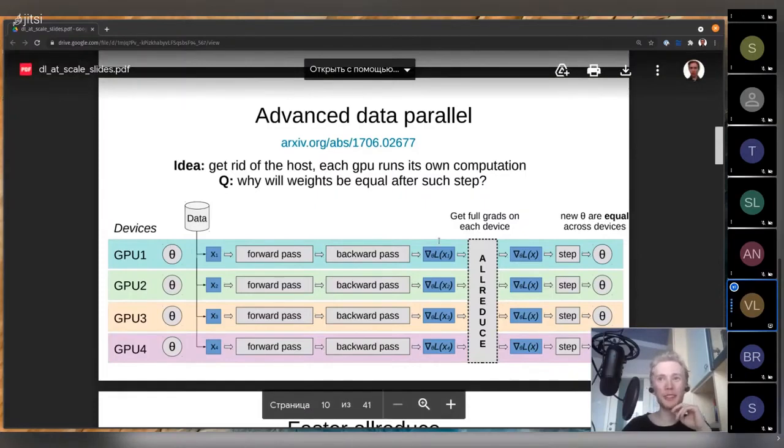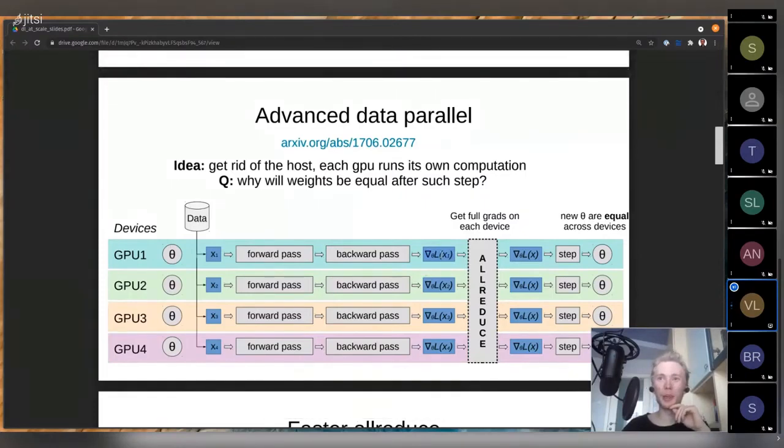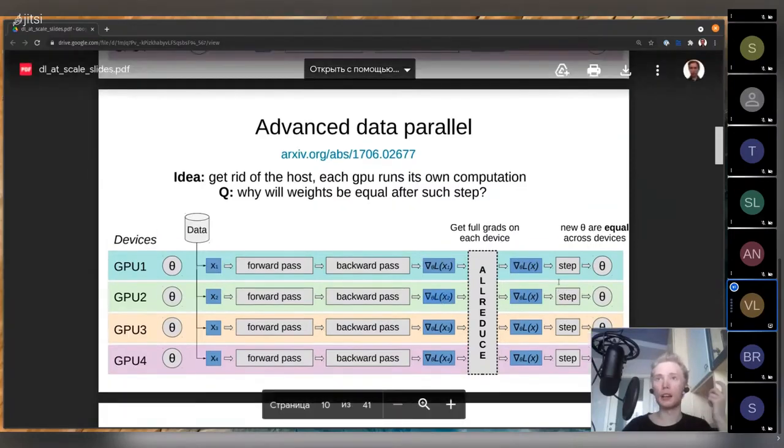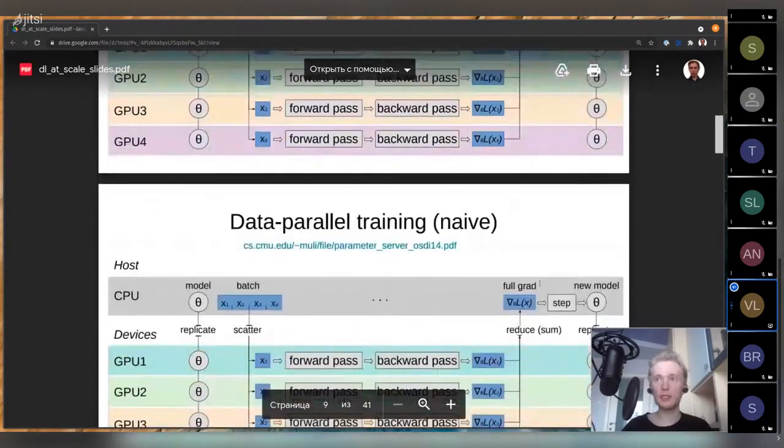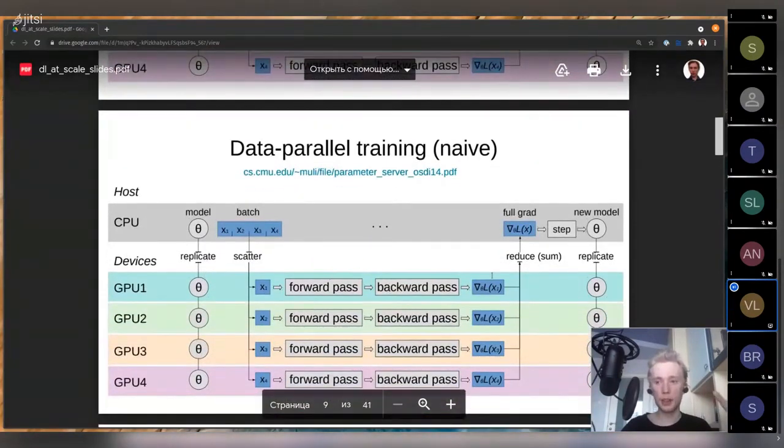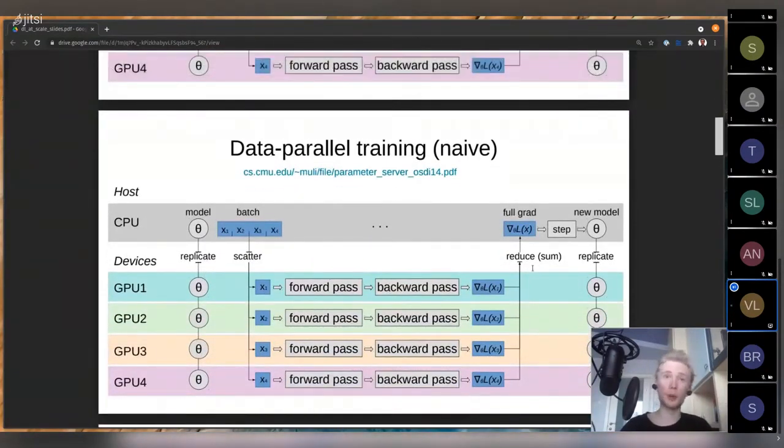On every GPU, we have gotten its own set of gradients, and then we are applying some magical box to make sure that after this magical box, every GPU has the same set of gradients, and the same set of gradients is the sum of these ones. And what we've seen on the previous slides is a specific case of that magical box.